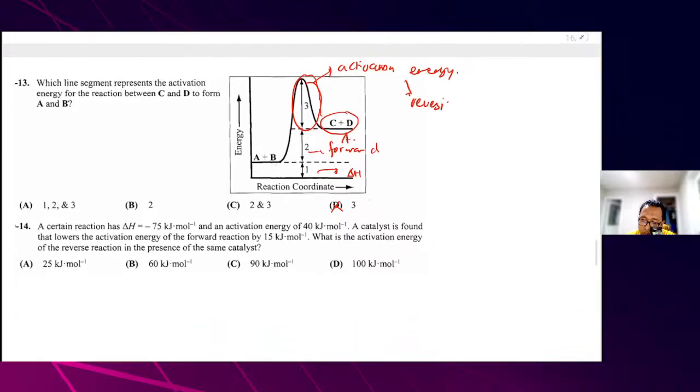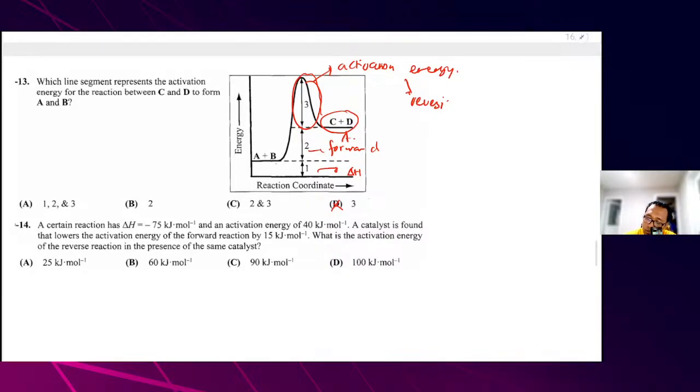Now, number 14. A certain reaction has minus 74 activation energy. What is the activation energy of the reverse reaction in the presence of the same catalyst? So we need to use the relationship of delta H. Delta H is E in the forward minus E in the reverse, right?